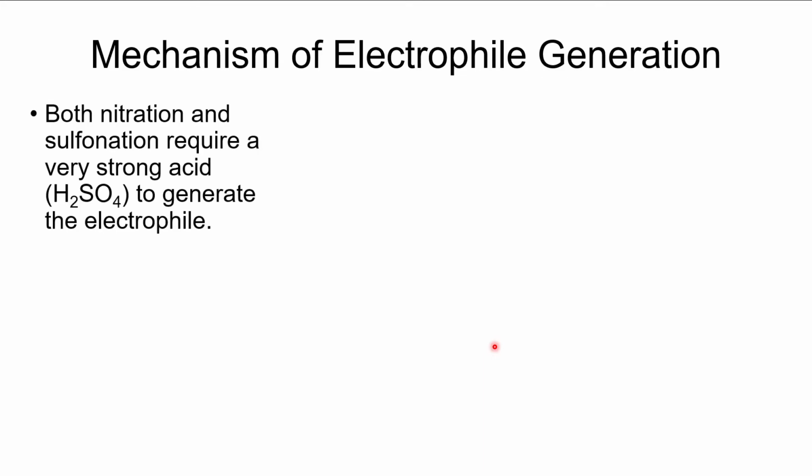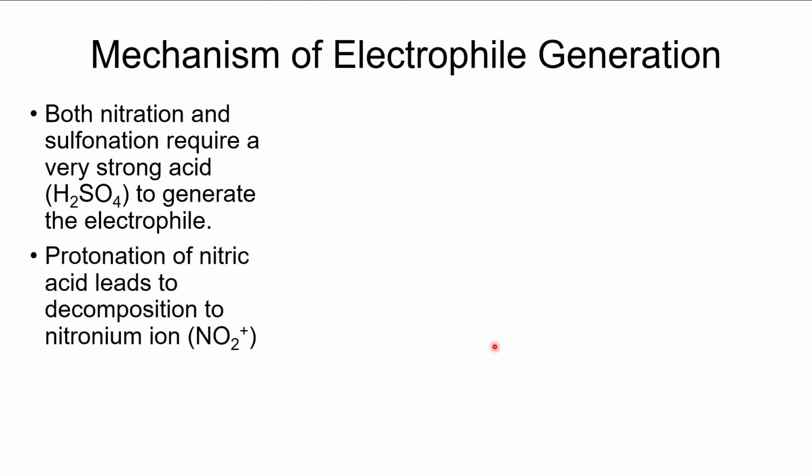So before we move on to looking at the reaction, we're going to do an example of the mechanism with the sulfur trioxide here in a minute, but I want to show you the mechanism for generating the electrophile. For both sulfonation and nitration, we need to use the strong acid, concentrated sulfuric acid, to react with our other compound.